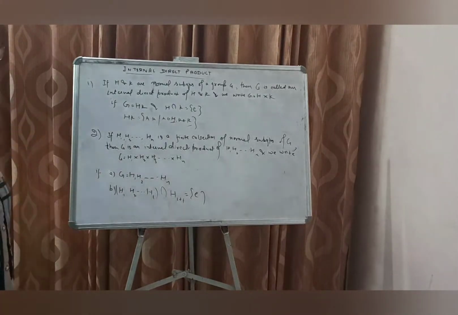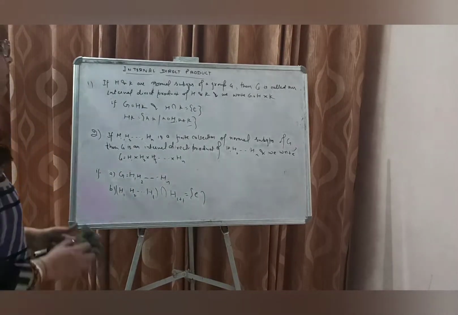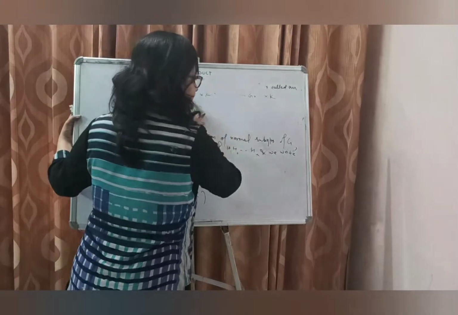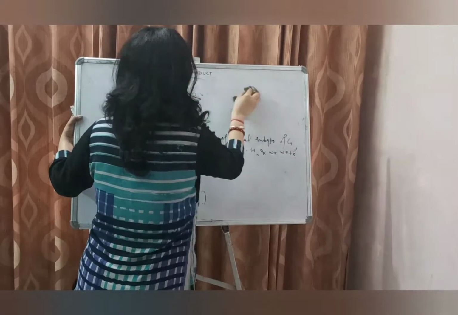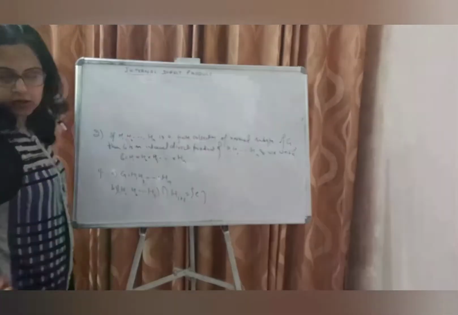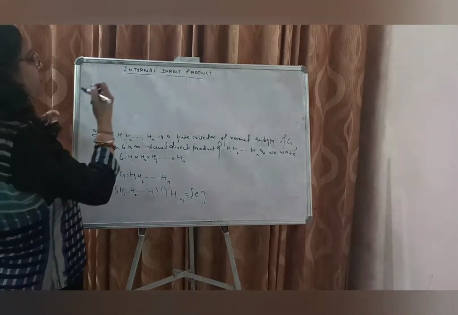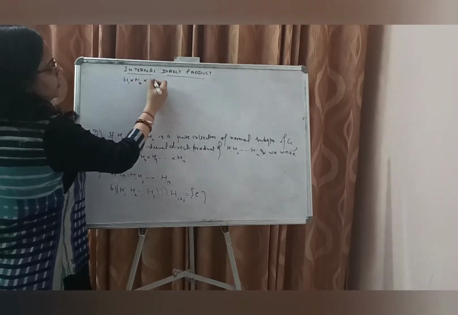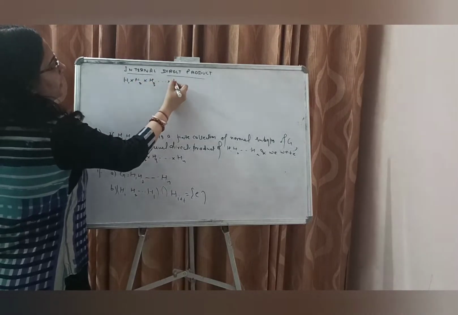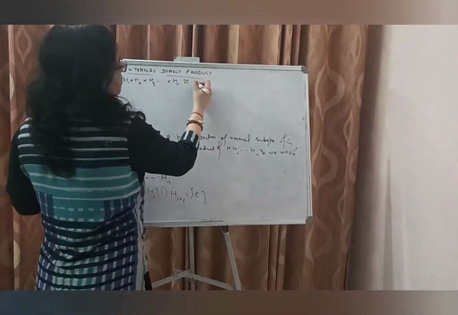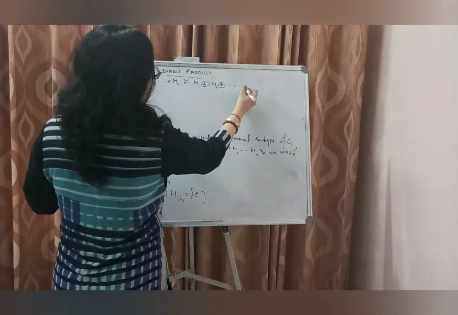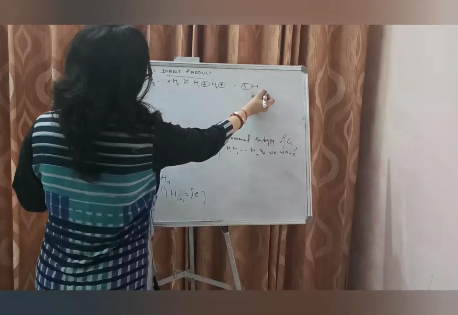This is because we are interested in proving that H1 cross H2 cross H3 so on up till Hn is isomorphic to H1 direct sum H2 direct sum so on up till Hn. Alright.